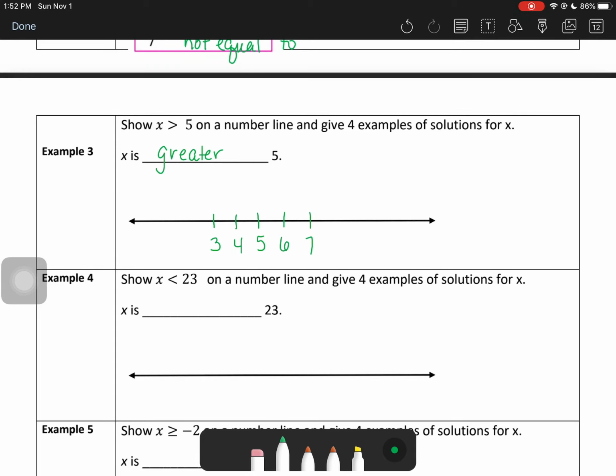And at 5, we're going to make it an open circle, and then it says greater. So we're going to shade all the numbers to the right. That's where our numbers would be greater. So we want to give 4 examples of values that are bigger than 5. 6, 7, 8, 9, and so on are bigger than 5.